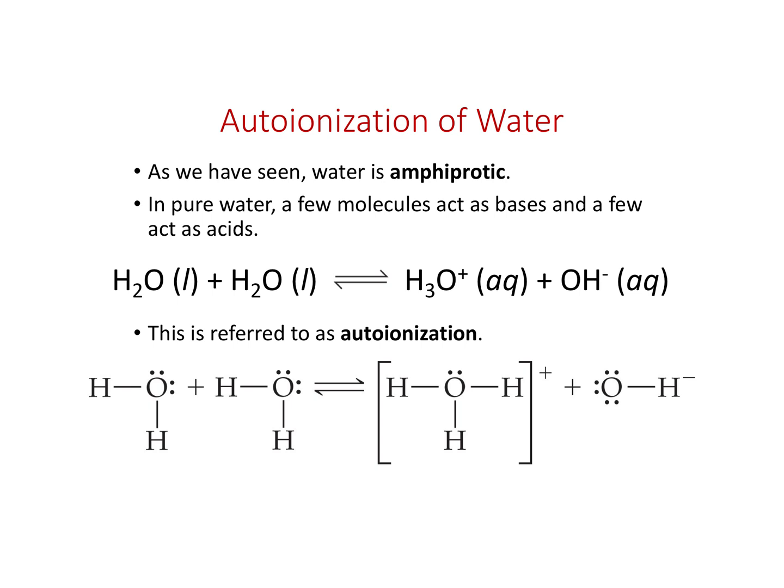We talked about water earlier and how unique it was, that it was amphiprotic, that it can behave like both an acid and a base. That also means that water can react with itself. If it can behave like an acid and a base, the two can react together, and this is called the autoionization of water. So one water molecule acts as the base and accepts a proton.